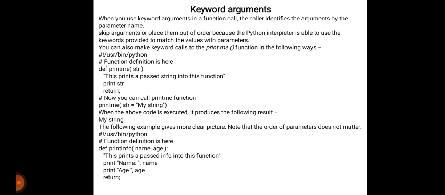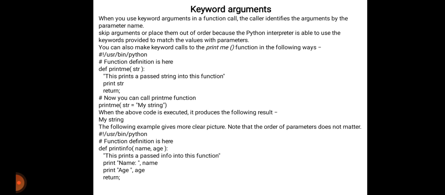Now you can call the print me function in this way, that is print me str equals what you have to print in string, that is my string. So when the above code is executed, it produces the result like my string. So in this way it works.